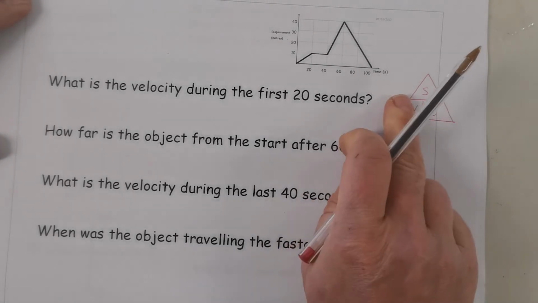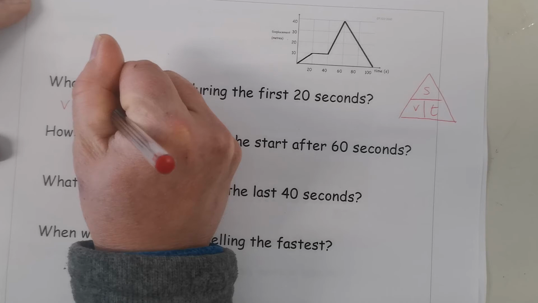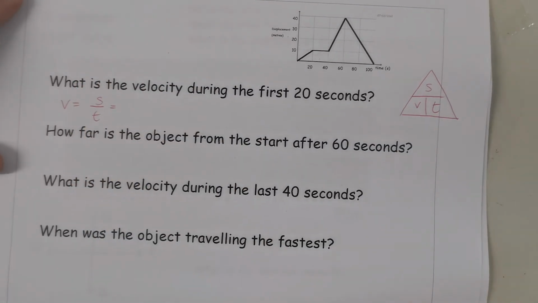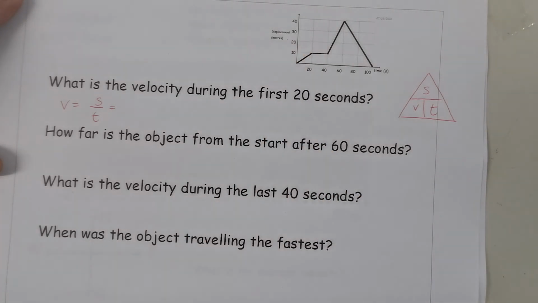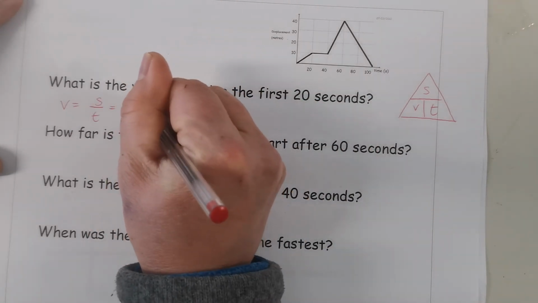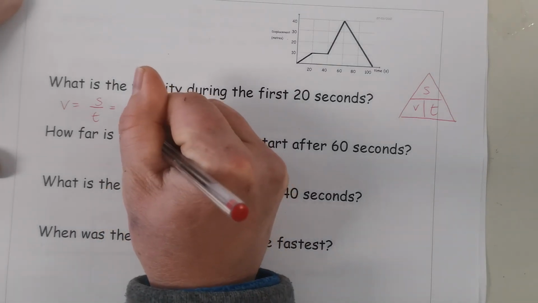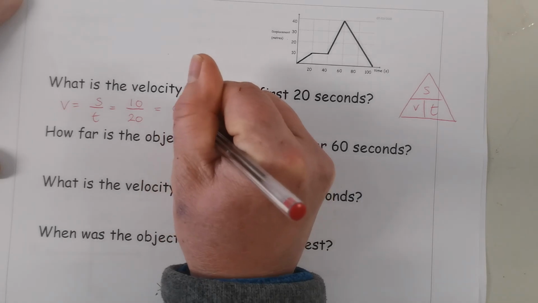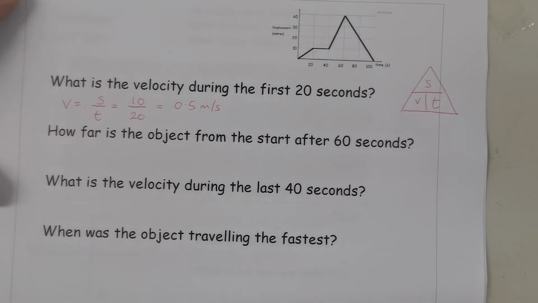What's the velocity? Well, the velocity is the displacement divided by the time. What was the displacement in these first 20 seconds? Look, in the first 20 seconds it moved 10 meters in a time of 20 seconds. 0.5 meters per second.